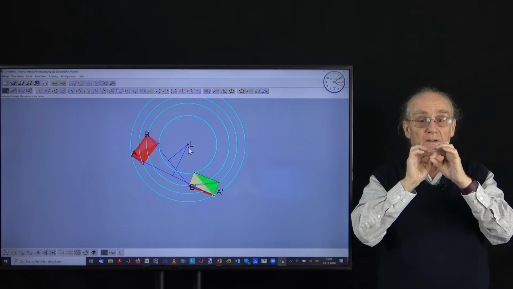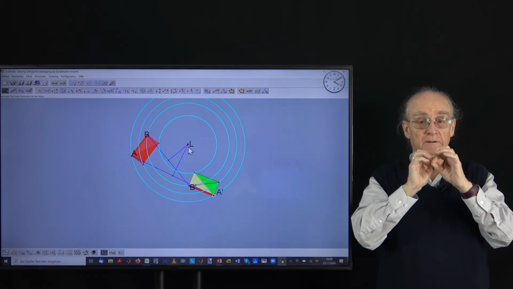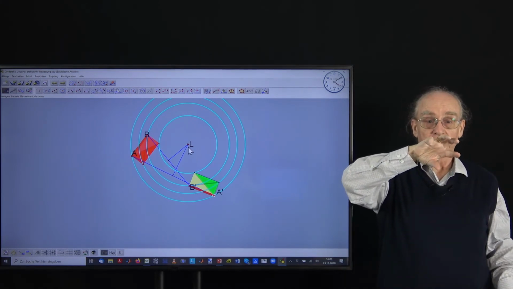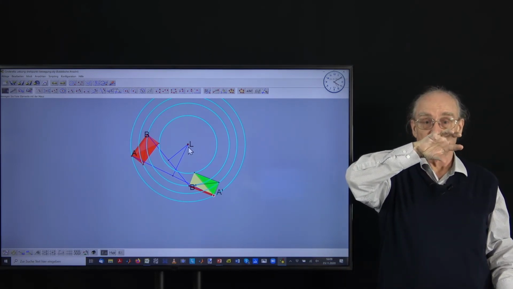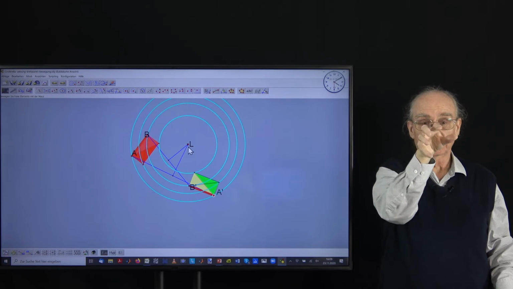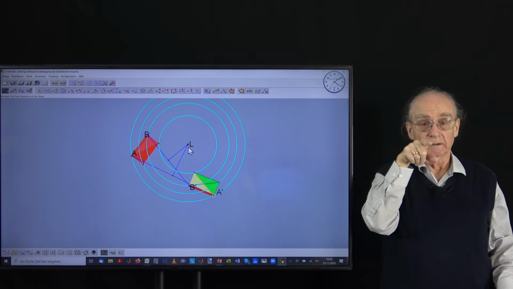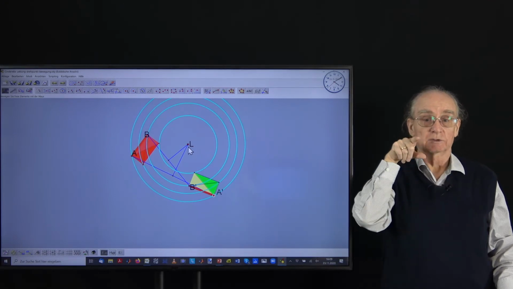Now, if we imagine what happens here, we can imagine that the red object, which is in front of the screen, is rotated and translated around and along this line L, which is perpendicular to the screen.